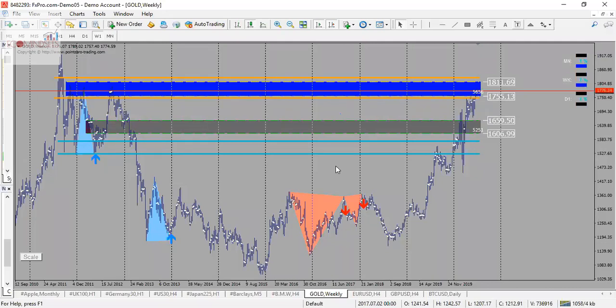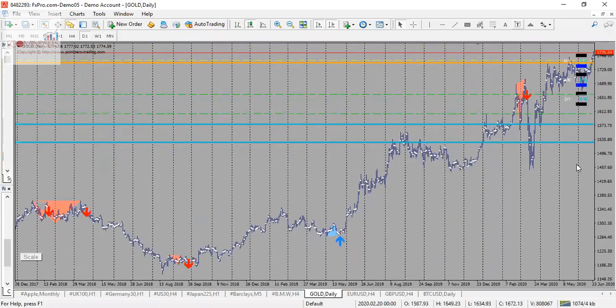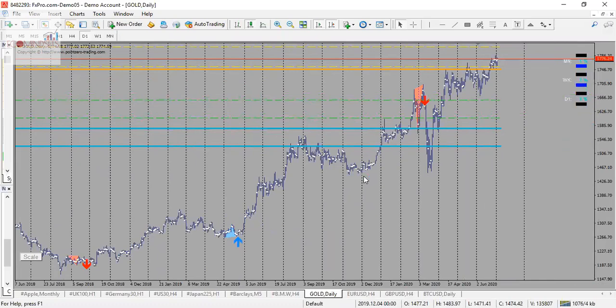Now we have looked at weekly. Let's look at the daily time frame and see what is happening. So we go to the daily time frame. On the daily time frame, as you can see with what I'm using, you can see the monthly levels and the weekly levels all showing on the chart.